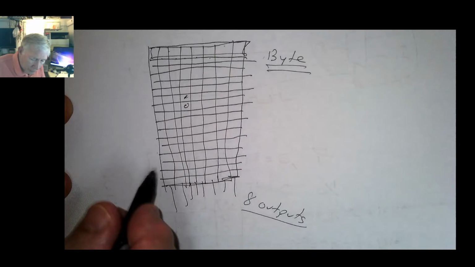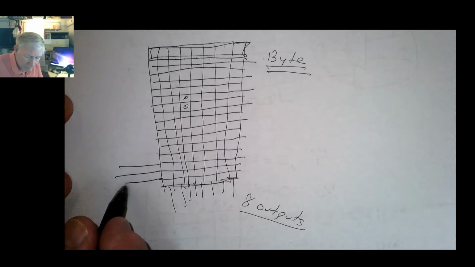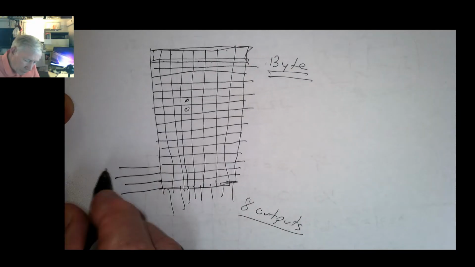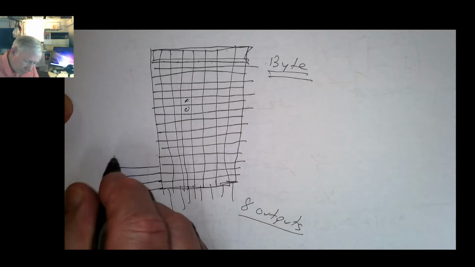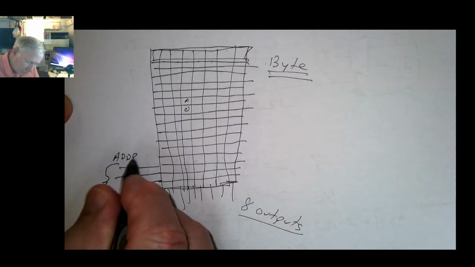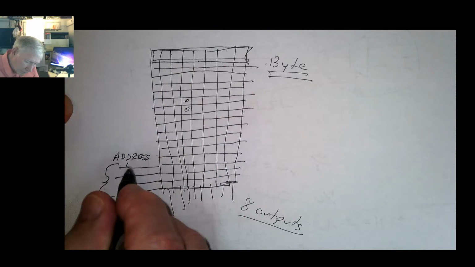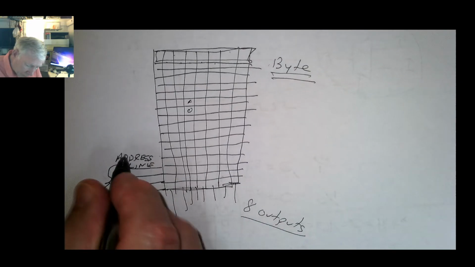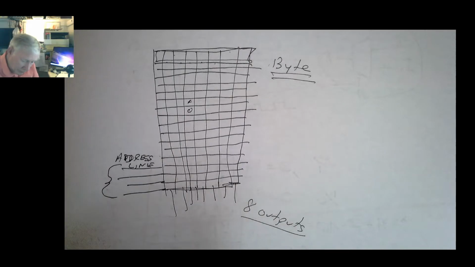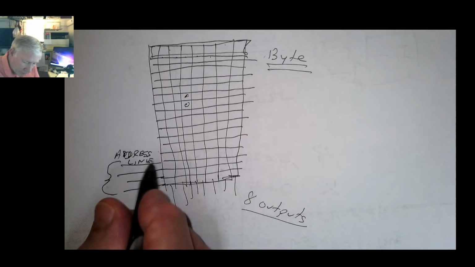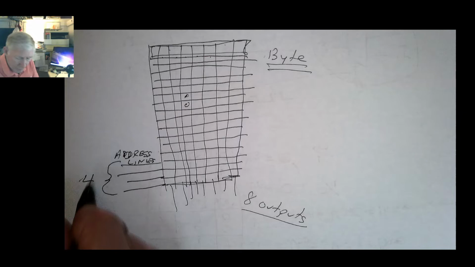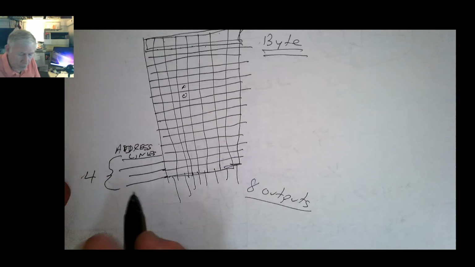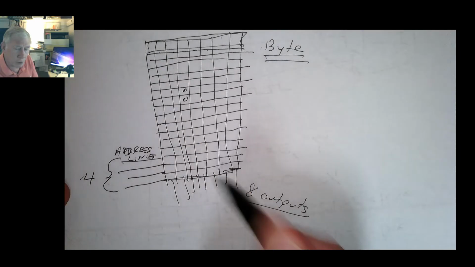Now we also have some address lines, and we'll call these address lines. Address, A-D-D-R-E-S-S, yeah, address lines. And in this case, we have 4 of them. And the 4 address lines can code for 16 different rows.